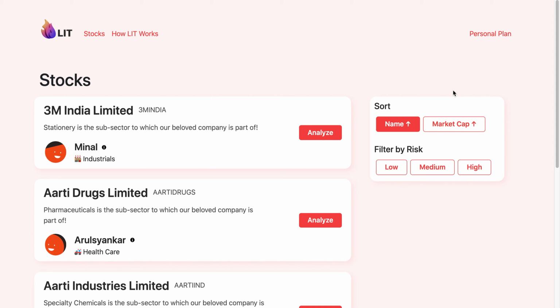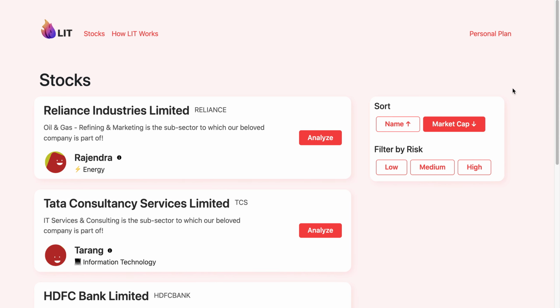You can also filter by risk, which is low, medium, or high. If we sort market cap in descending order, we can conclude that Reliance has the highest market cap among all the other companies.